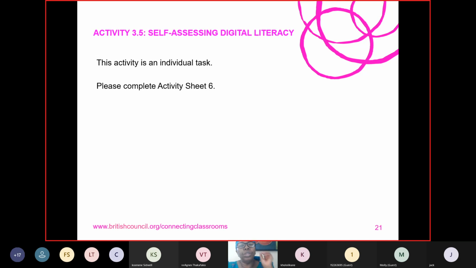Now there's an activity on digital literacy. This is an activity that I have posted in your WhatsApp group, and I wanted you to do a bit of self-evaluation. I'm going to give you 2 minutes now to self-assess yourself on digital literacy on a scale of 1 to 10, in that tool that I'm going to post in your WhatsApp group.